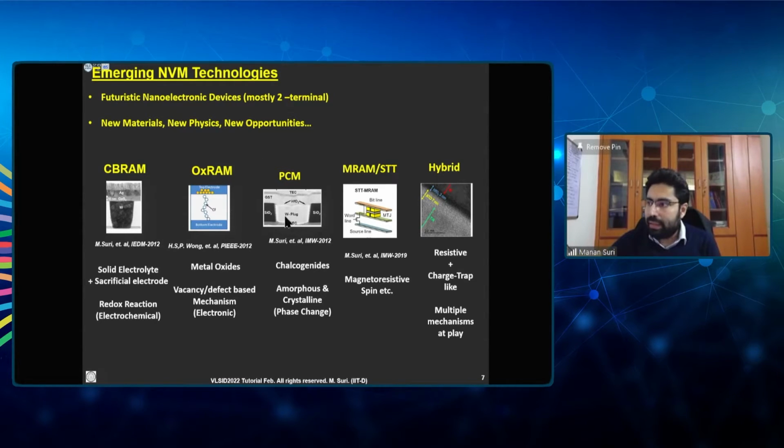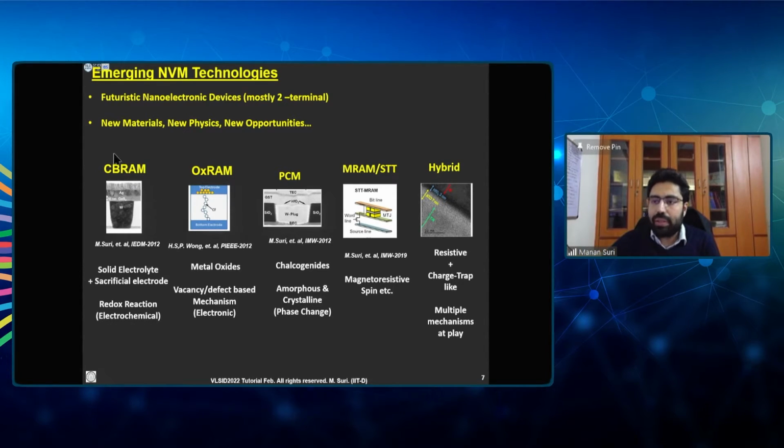So while there are several different flavors of them, there are also many commonalities. The first one being that most of them are two-terminal, and there is always a pair of electrodes and some active switching material sandwiched between these electrodes that helps you realize the memory functionality or the storage functionality. So, for instance, when the materials are solid electrolytes or with a sacrificial electrode, the underlying physics that drives this memory operation is closer to redox reactions.